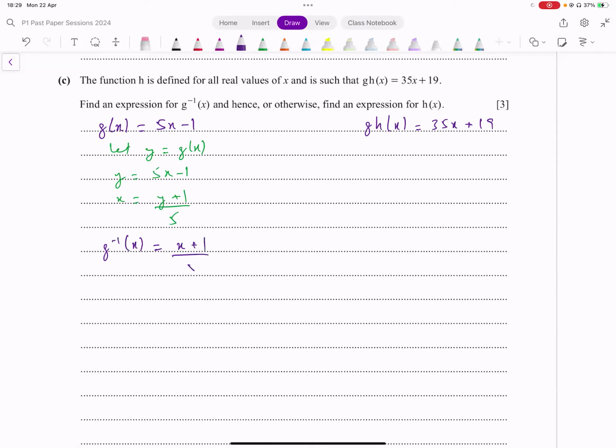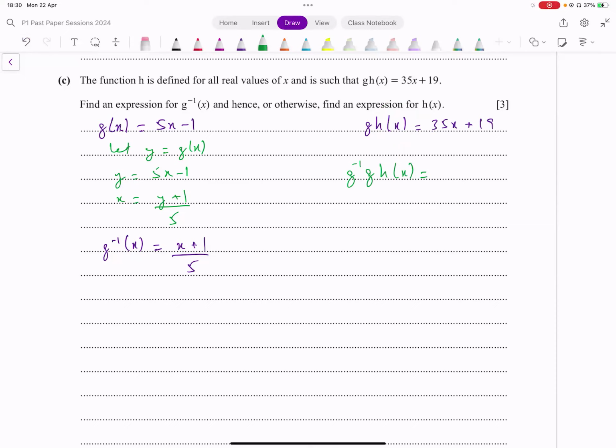Now we are given that gh of x is 35x plus 19. All we have to do is make h of x the subject here somehow. For that, we introduce g inverse on the left side. We have g here, right? In order to get rid of this g, we apply g inverse on the left side in the beginning. So it becomes g inverse of g of h of x.